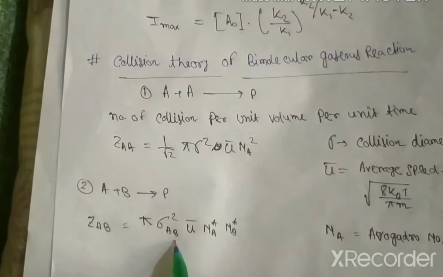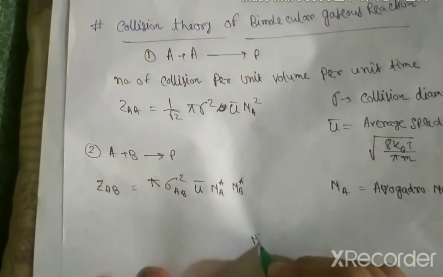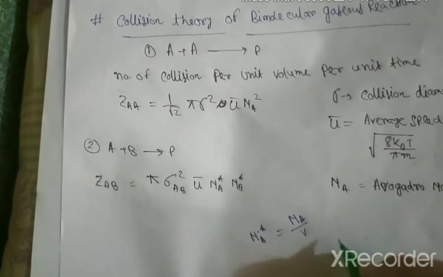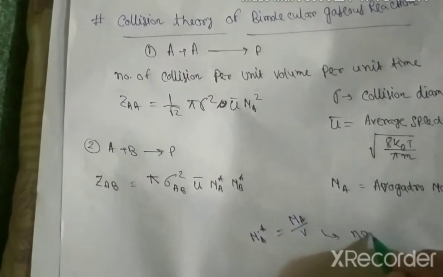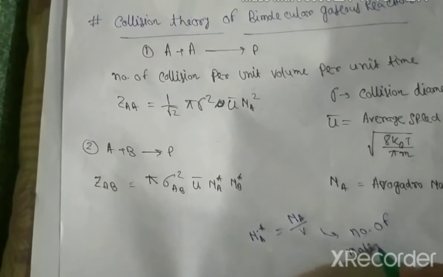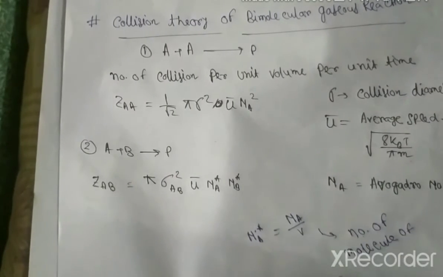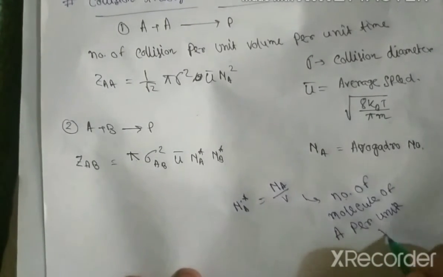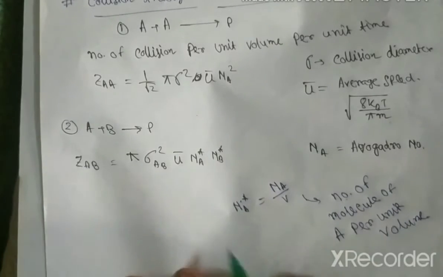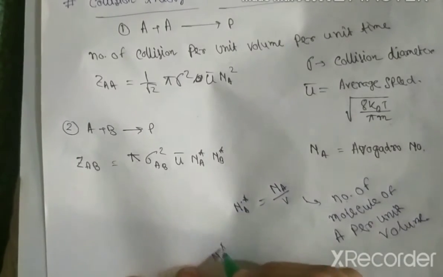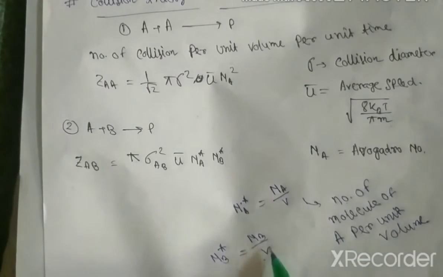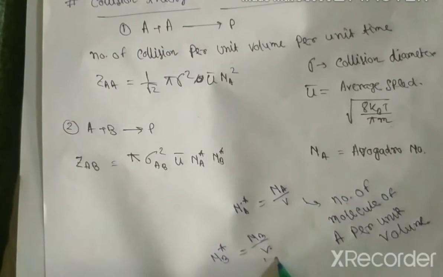Here sigma is also the collision diameter, U bar is also the average speed, but N_A star is equal to N_A by V, that is the number of molecules of A per unit volume. Similarly N_B star is equal to N_B by V, and it is also the number of molecules of B per unit volume.